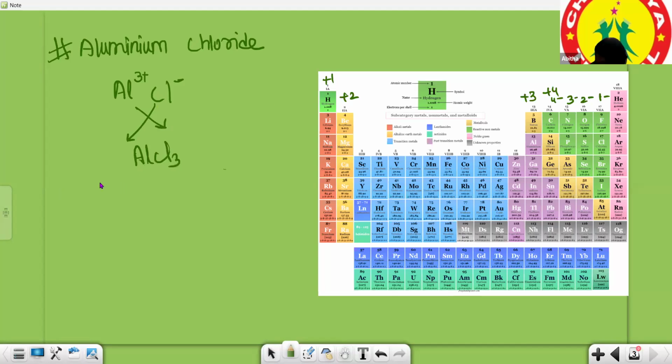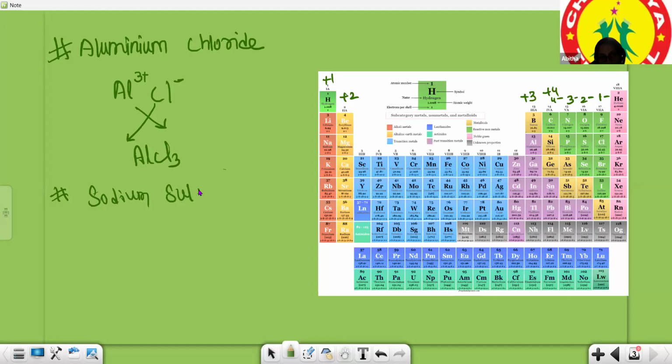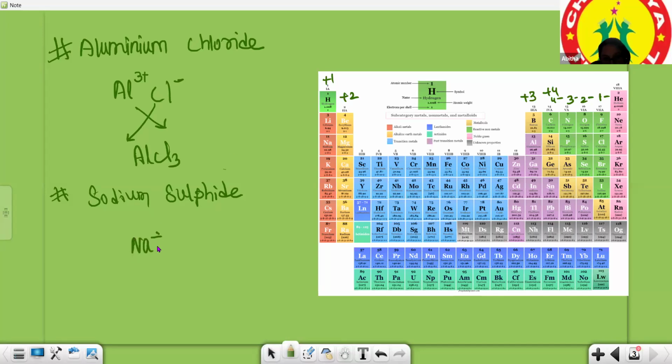Okay, next question, NCERT question. You have to write the sodium sulfide formula. Now tell me the symbols of each. Sodium is Na, and it is in 1A, so it will be a +1 charge. Very good. So Na1.